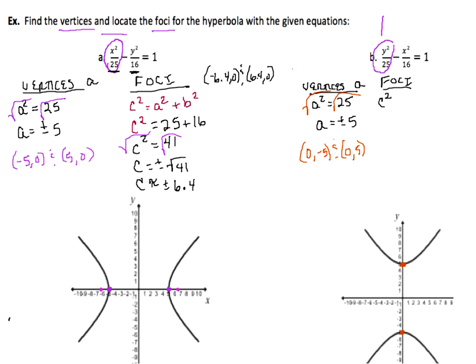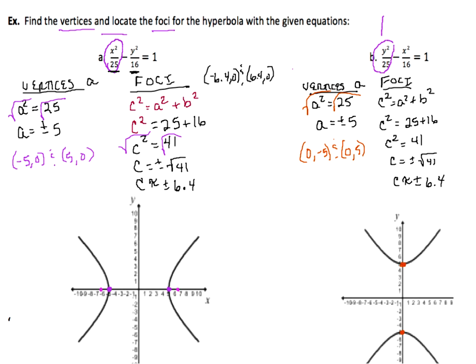We still have c squared equals a squared plus b squared. So my c squared is equal to, once again, 25 plus 16. C squared is 41. C is equal to positive or negative square root 41. C is approximately positive or negative 6.4.